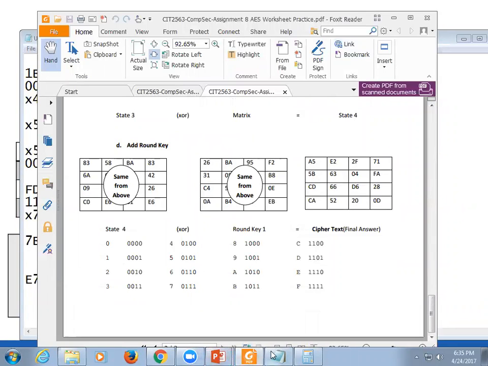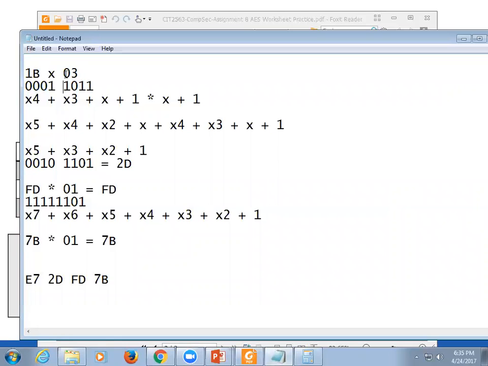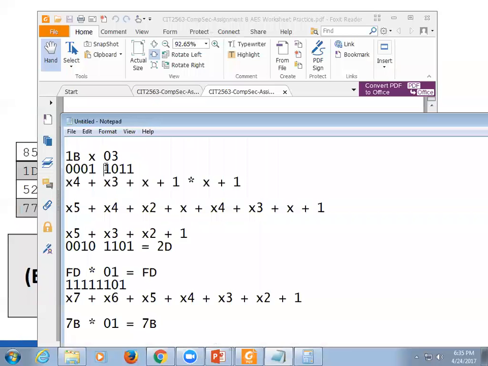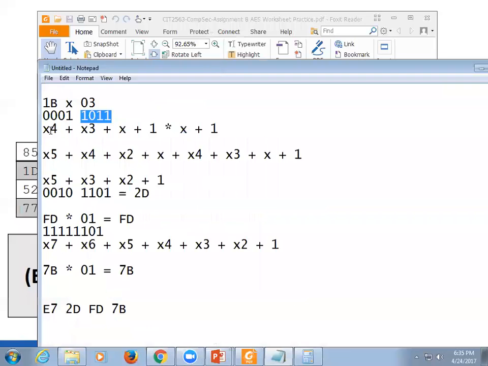Oh, I did times 3. 1B. Okay, we know what 1 is, it's just a 1. Oh, this is a B. Duh. Let's make sure: 1, 0, 1, 1. Okay. So we have X to the 4th, because we have 7, 6, 5. So we end up with an X to the 4th, an X cubed, an X, and a 1. I just don't understand why the calculator answer doesn't work.